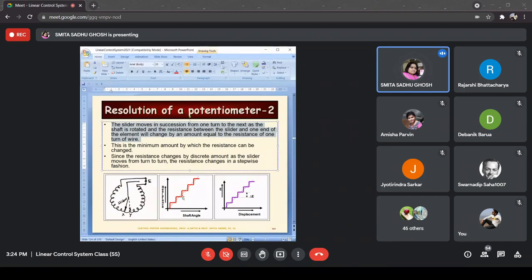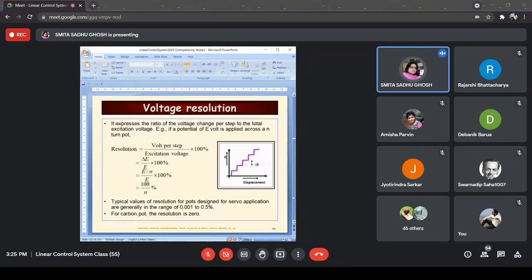The size of this step is the amount of resistance change from one position of the slider to the next position. So the difference in the resistance of the wire is what we will have as the step sizes in this plot. Since the resistance changes by a discrete amount as the slider moves from turn to turn, the resistance changes in a stepwise fashion.